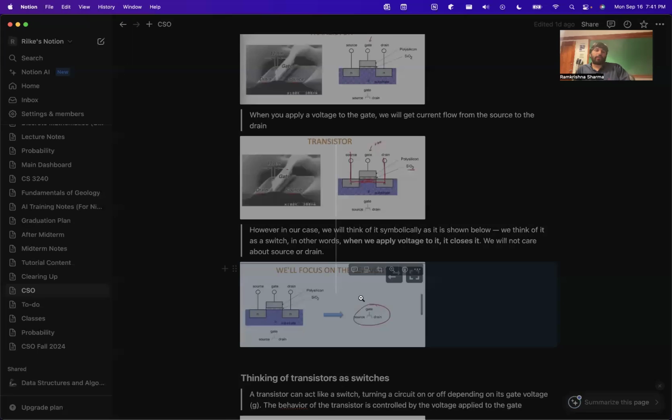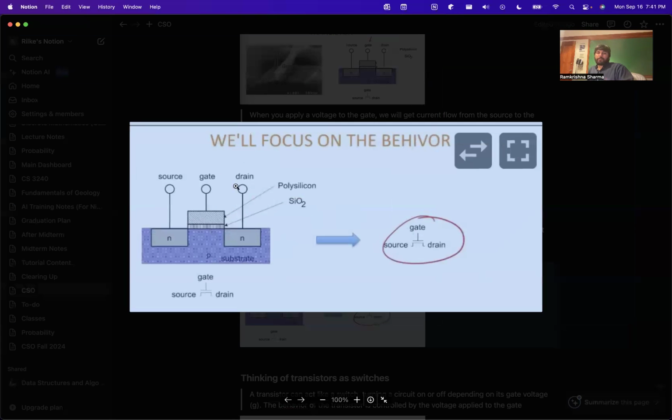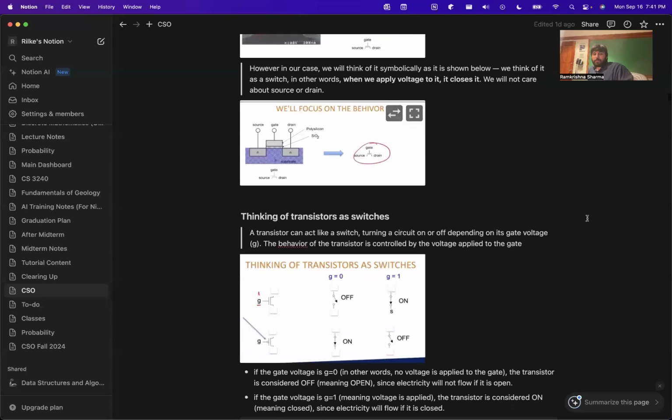Schematically, this is showing you a physical description of a transistor. This is more of a schematic view, what you would otherwise see symbolically. I don't think this is terribly important. What's important is thinking of transistors as gates, or rather switches.